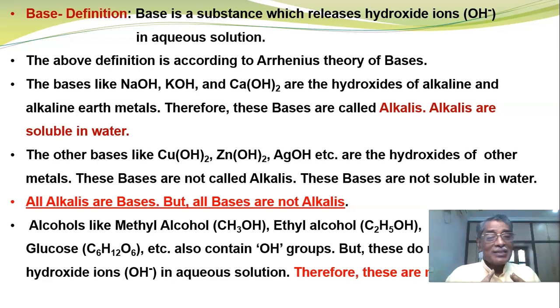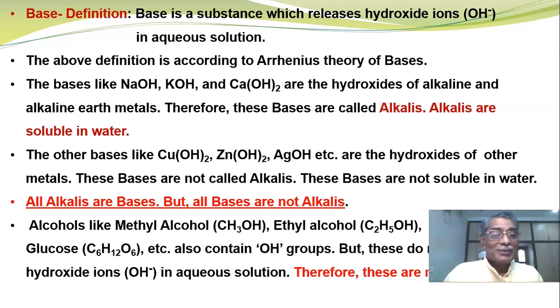The bases like NaOH, KOH and Ca(OH)2 are the hydroxides of alkali and alkaline earth metals. Therefore, these bases are called alkalis. Alkalis are soluble in water.